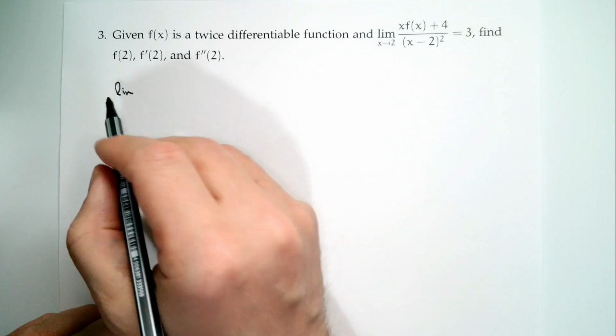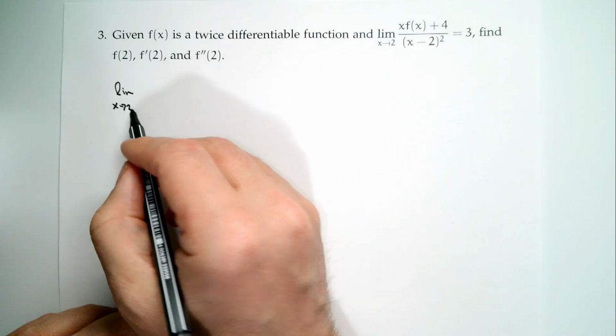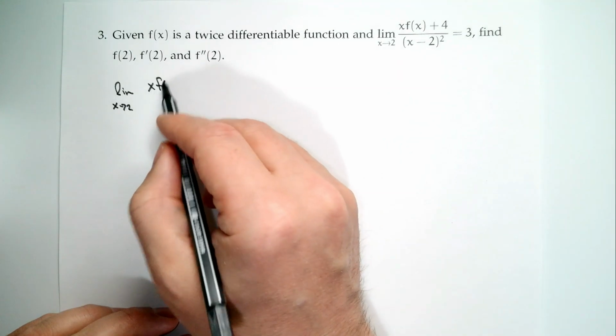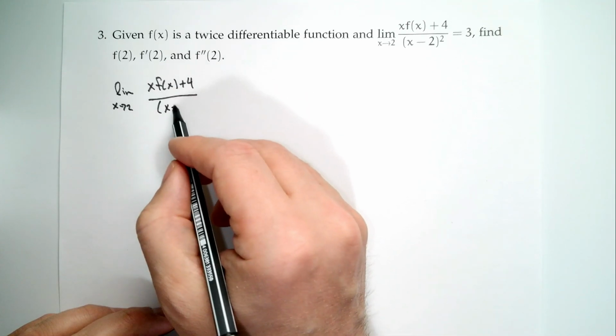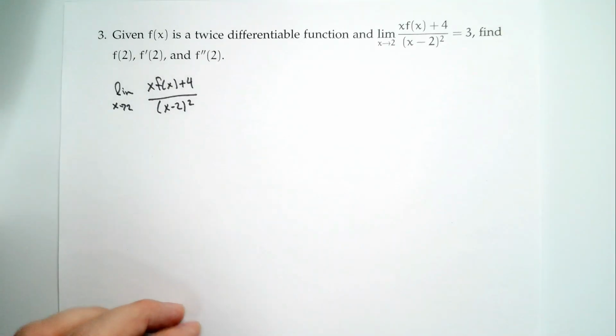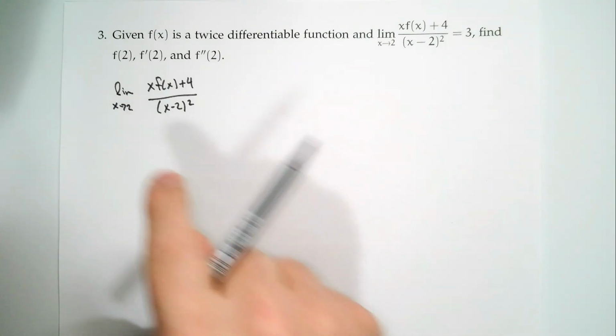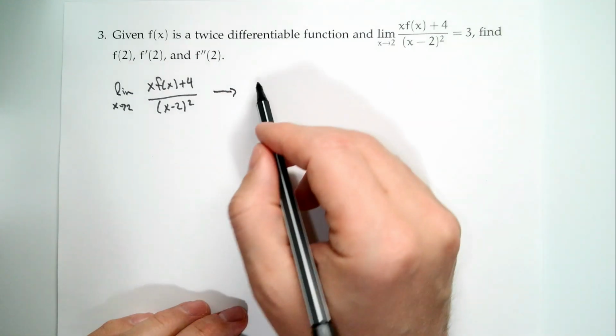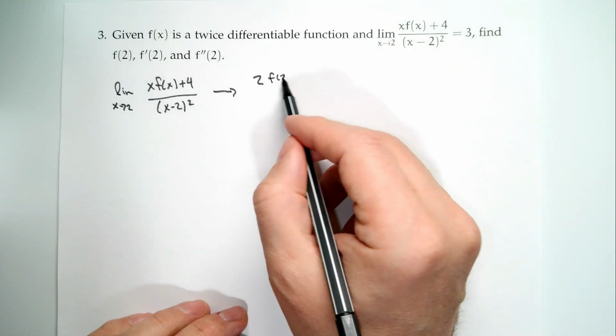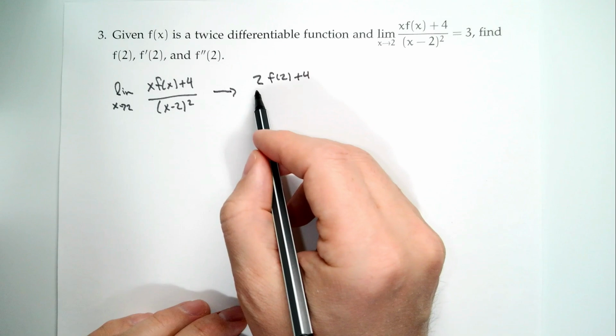So we have the limit as x goes to 2 of x f of x plus 4, divide that by x minus 2 squared. Now, we do what we always do whenever we have a limit, which is let's plug in where we're going to. In this case, we're going to 2. So this goes to 2 times f of 2 plus 4.